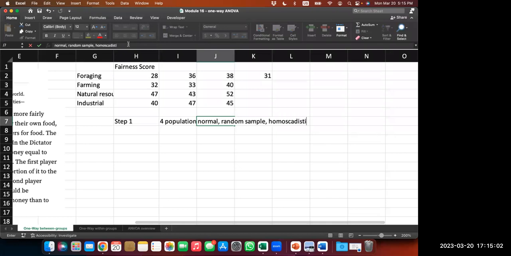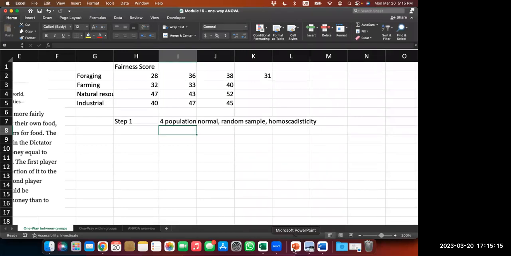We're not formally testing this, but we're assuming it. And lastly, we have an F distribution because our independent variable here would be society, and society presents with 4 different levels. So we're doing an F distribution. So step 2.